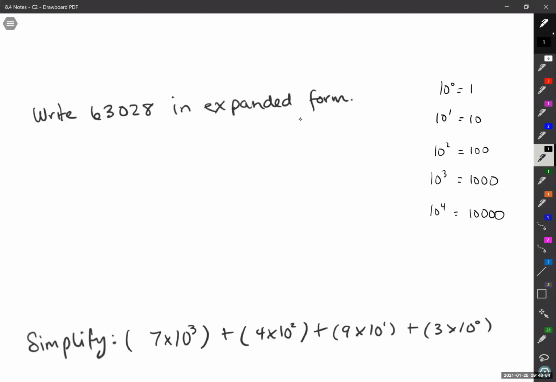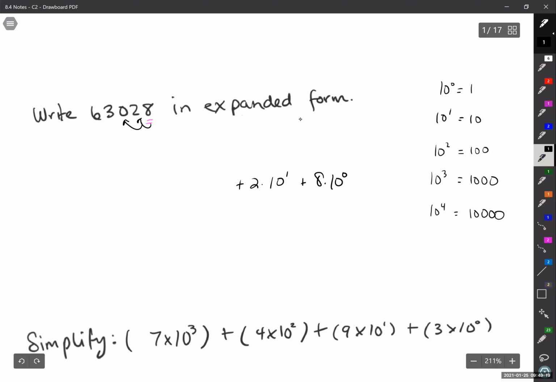So that's perfect. I'm going to start here. Remember, the farthest to the right is always guaranteed. We don't know how many digits there might be to the left, so we can start at the right, and that's always the ones place. So 8 times 10 to the 0, plus, move over, 2 times 10 to the first, plus, and we just keep going over.